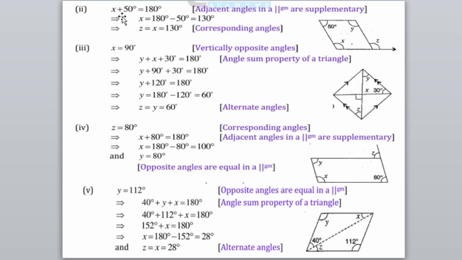Therefore x plus 50 degrees equals 180 degrees. Why? x and the 50 degree angle which is given, they both are adjacent angles and adjacent angles are supplementary. It means x plus 50 degrees is equal to 180 degrees. Therefore x equals 180 degrees minus 50 degrees, that equals 130 degrees. Then we got x as 130 degrees.